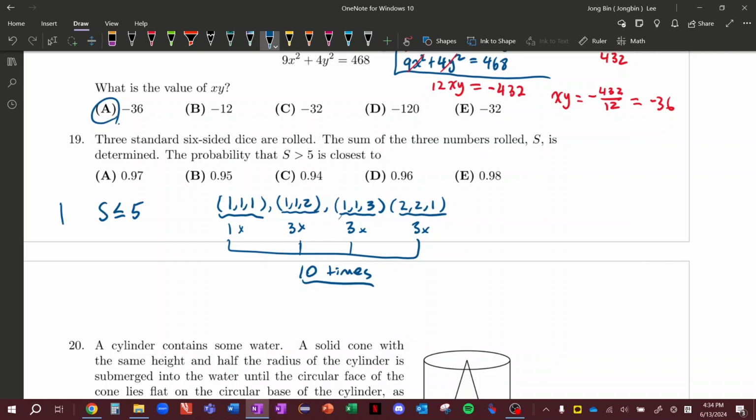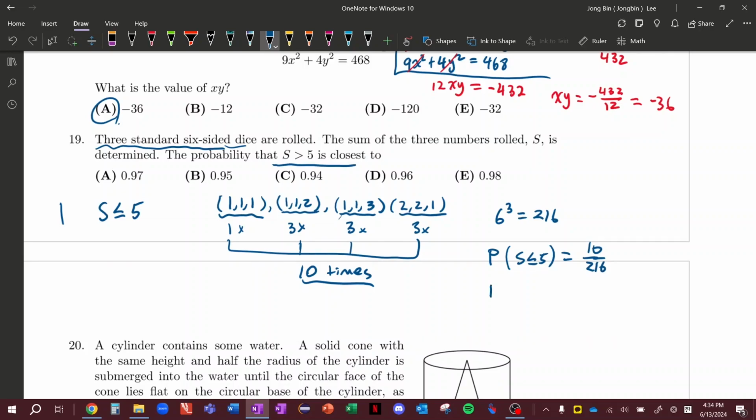And we also know that 3 standard dice are rolled, so the total number of possibilities is 6 to the power of 3, which is 216. So the probability that s is less than or equal to 5 is 10 over 216. And remember, the question is asking for the probability of s greater than 5.